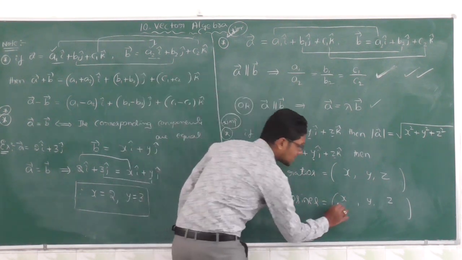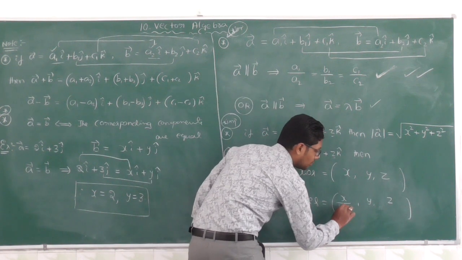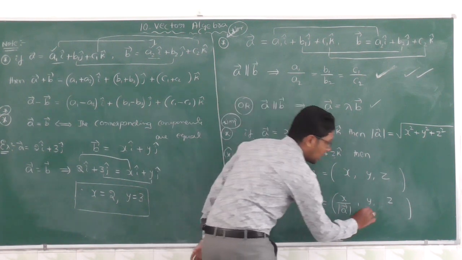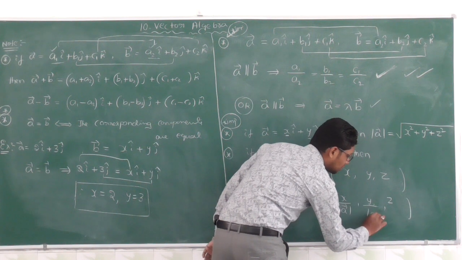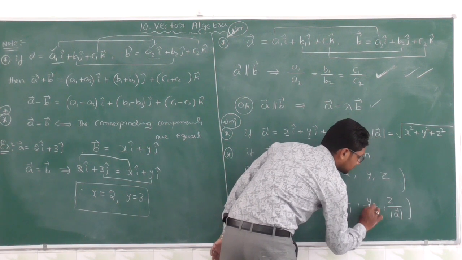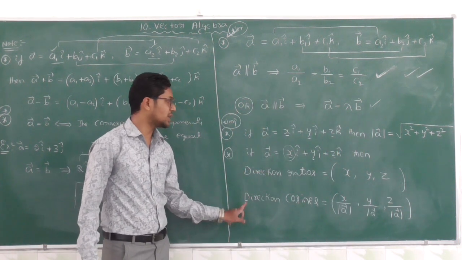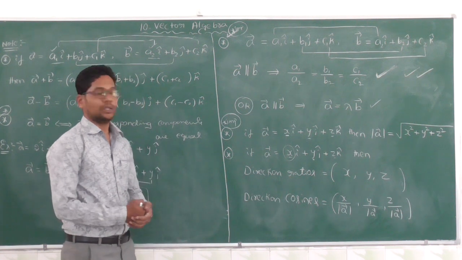Now direction cosines are x divided by magnitude of vector A, y divided by magnitude of vector A, z divided by magnitude of vector A. Hence these are the direction ratios and direction cosines of the vector A.